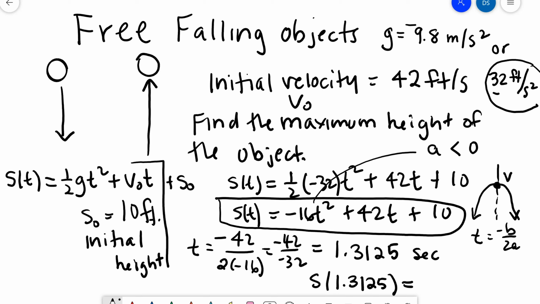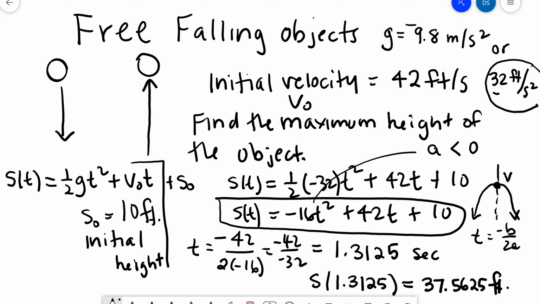So negative 16, I'm just going to punch it in here, negative 16 times 1.3125 squared, plus 42 times 1.3125, plus 10 gives you your maximum height, which will be 37.5625 feet.